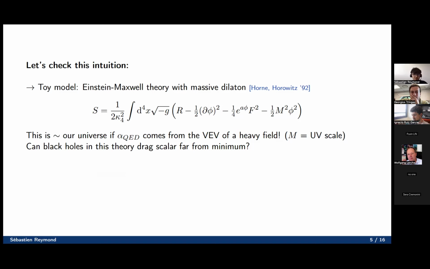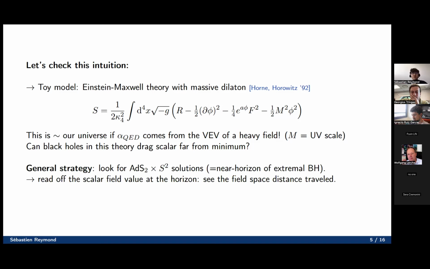So the way we approach this problem, to make it as simple as possible, is to look for AdS2 cross S2 solutions of that theory, which you then think of as the near horizon of an extremal black hole. Then when you have this solution, the dilaton will have a specific value, which is the value at the horizon, and then you can deduce the field space distance traveled.